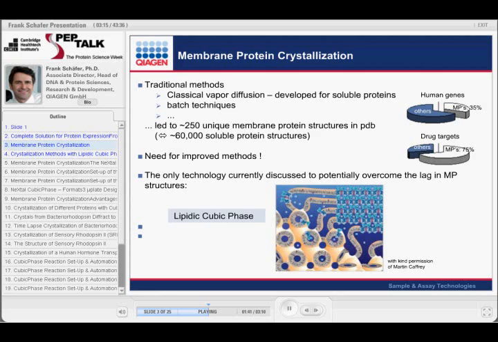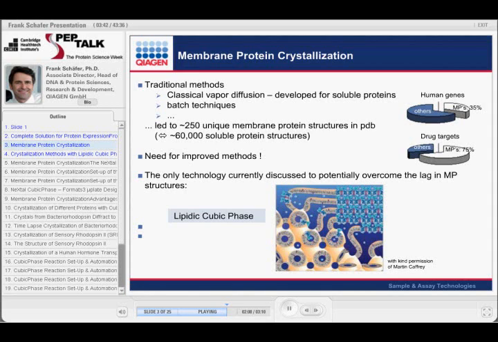So a cubic phase is made of a lipid, like for example monoolein, that is capable of generating a bicontinuous three-dimensional structure of a bilayer system surrounding and surrounded by water or buffer. And this bilayer system is shown here.